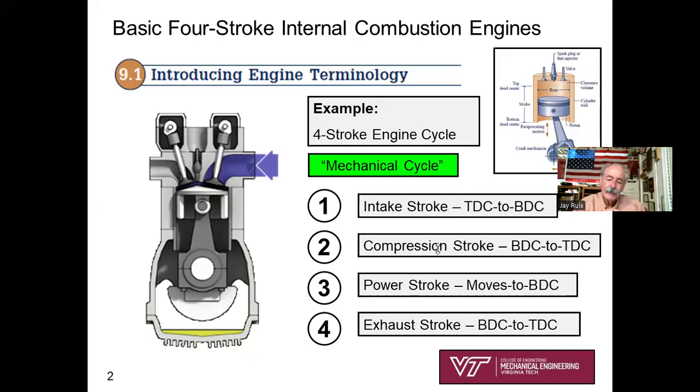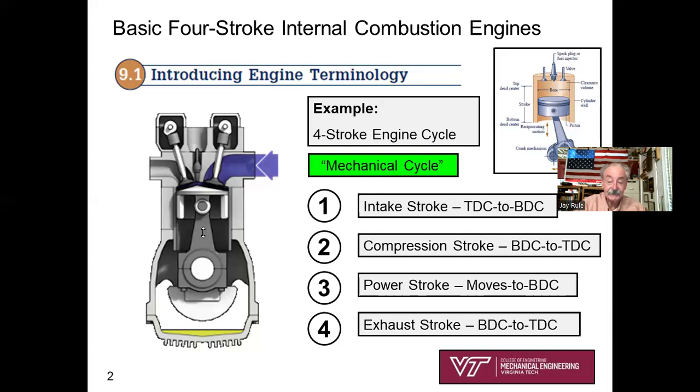At that point, there's some type of combustion, internal combustion, in there. Something happens so that the pressure goes way up in the gas that's compressed with the fuel. You get combustion, and that's what enables us to do the power stroke, moving towards bottom dead center.